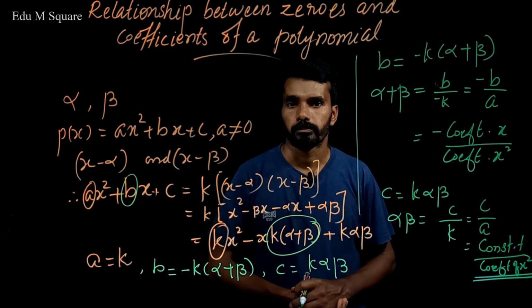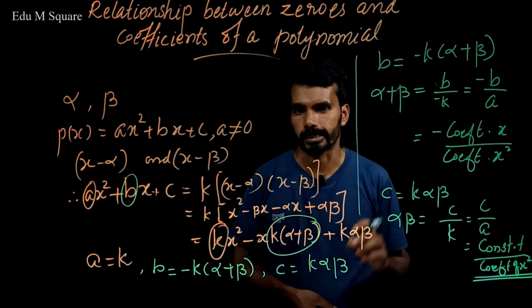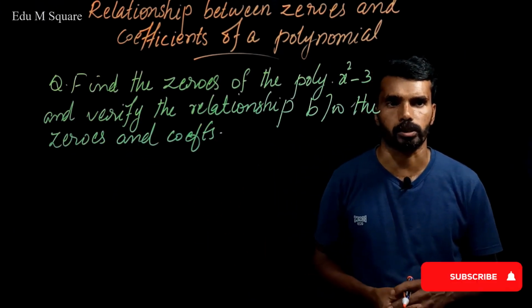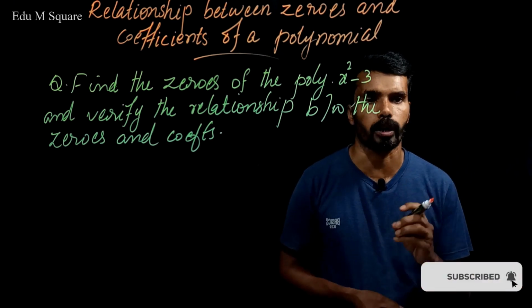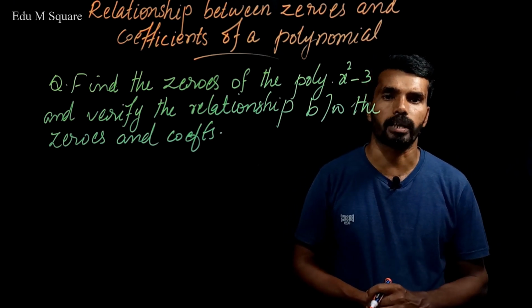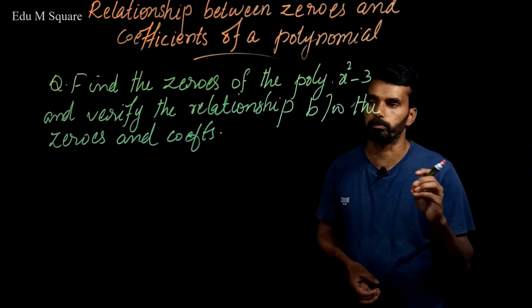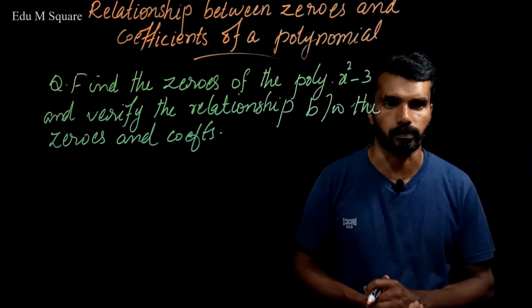Okay, let us do one example. This is the question. Let us just go through the question. Find the zeros of the polynomial x square minus 3 and verify the relationship between the zeros and the coefficients.